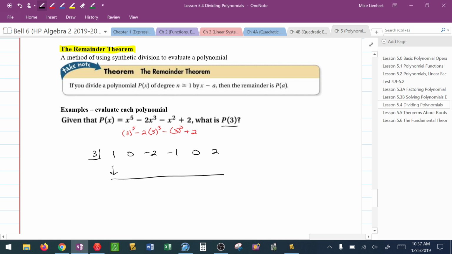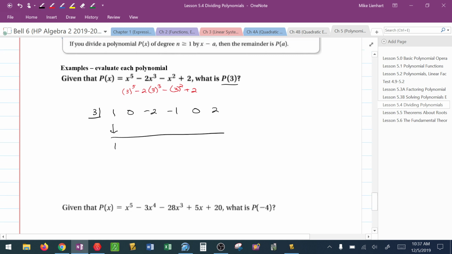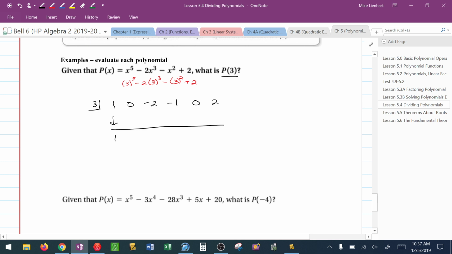No matter how many terms there are, synthetic division is always set up the same way. Follow the pattern. Box times bottom, put it up above, combine. Repeat this until the last column, and box it up.